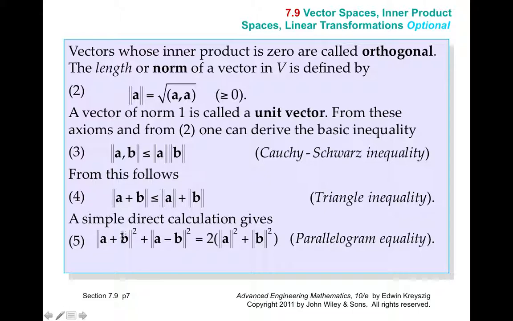And finally, you can get the parallelogram equality, which basically says that the sum of two vectors squared plus the difference of two vectors squared is equal to twice the square of each magnitude. So that's the parallelogram equality.